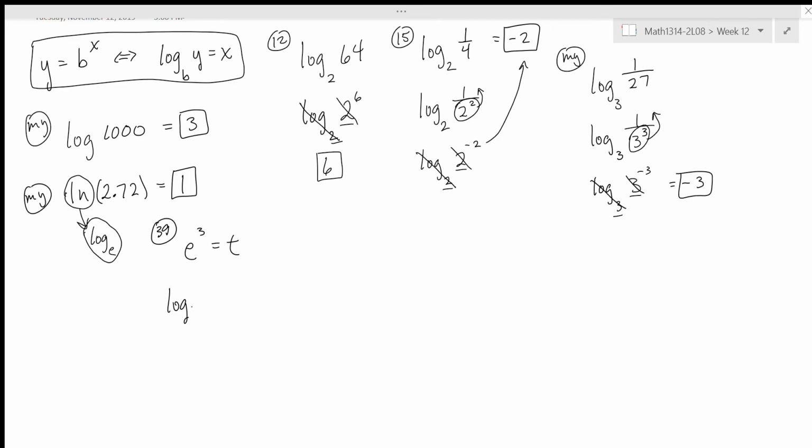The e does. So that means the log is going to be base e. And then it says log base b of y. Where does the y come from? It's the t. Do y'all see this is on the other side of the exponential? And so that's going to be the t.